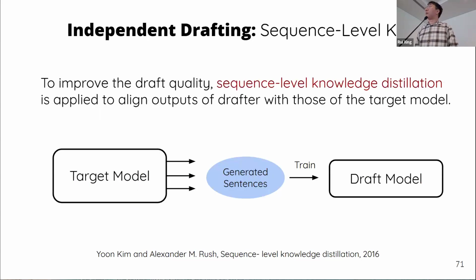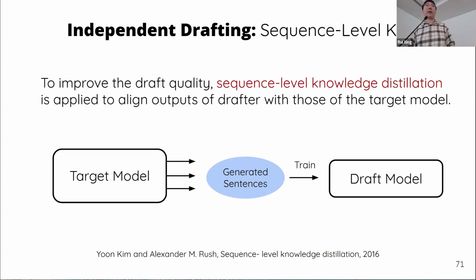Usually to improve the draft quality, we will train the draft model, or we will align the draft model's output with the target model. Here, sequence-level knowledge distillation is always applied to align the outputs of the drafter with those of the target model. The idea is very simple. For a target model, say we input, hello, how are you?